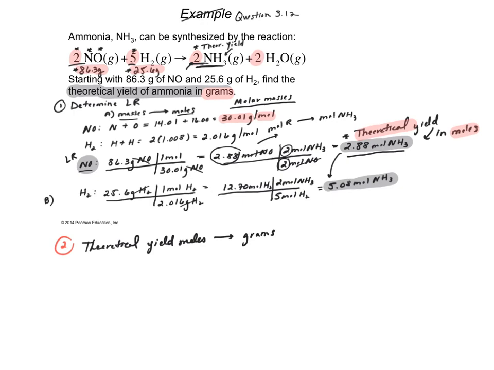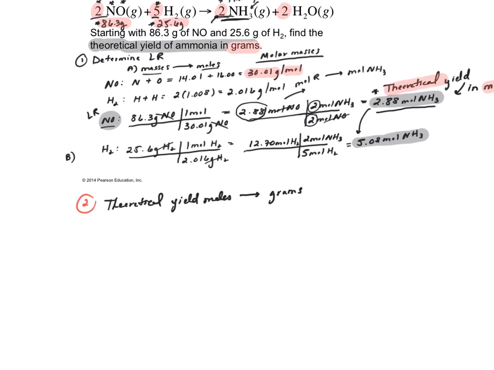Okay, so specifically, we have, I'm going to scroll this up, 2.88 moles of ammonia. Now, to convert this to grams, I again need that important, I'm at a loss for words for today, but we need our molar mass, essentially, right? Molar mass is going to be that conversion between moles and grams.